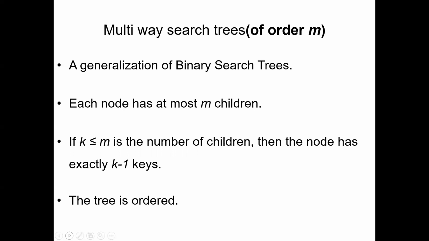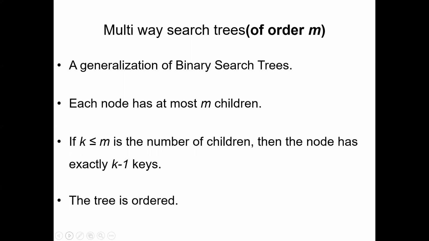In a binary search tree, we have at most one key per node, and a node can have at most 2 children. In B trees, we can have more than 1 key per node, and the number of children would be 1 plus the number of keys in a node.